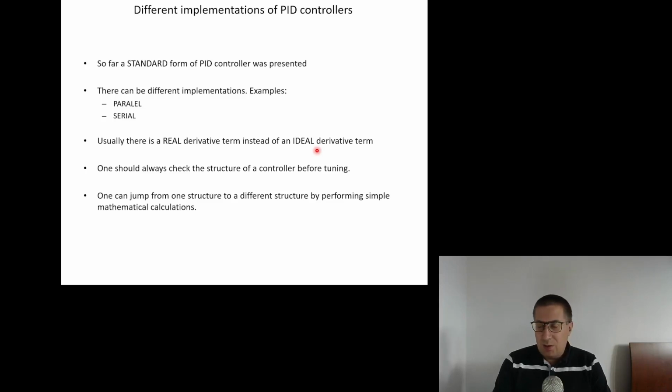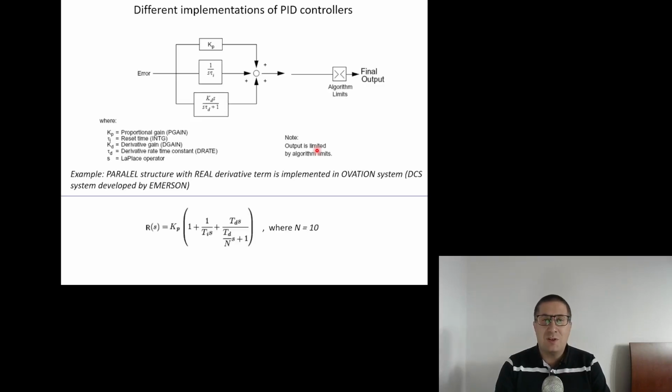So we should always check the manual of the control system and check what is the definition of the PID controller before we start playing with it. It's easy to switch from one form to another, but we should check what is the form in this particular distributed control system, in this particular PLC controller.